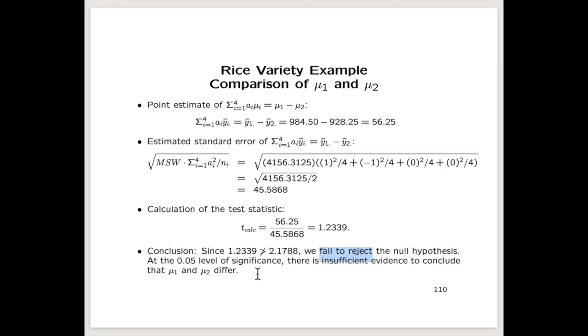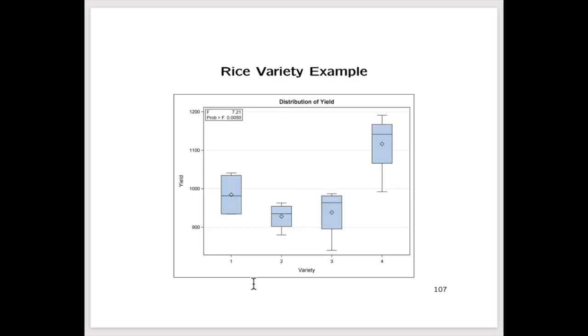At the 0.05 level of significance, there is insufficient evidence to conclude that mu1 and mu2 differ, which is not too surprising because when we looked at the side-by-side box plots, the vertical location of these boxes really did not look that much different. That also tells us what to expect when we compare mu1 and mu3, mu2 and mu3, and so forth.